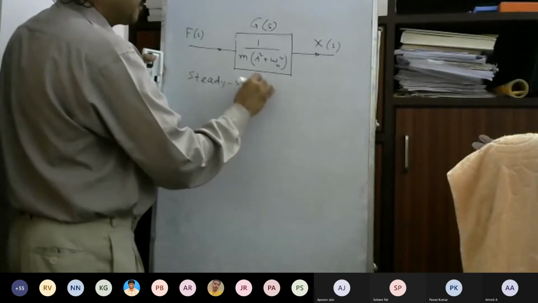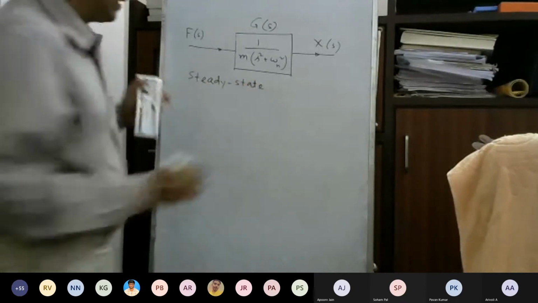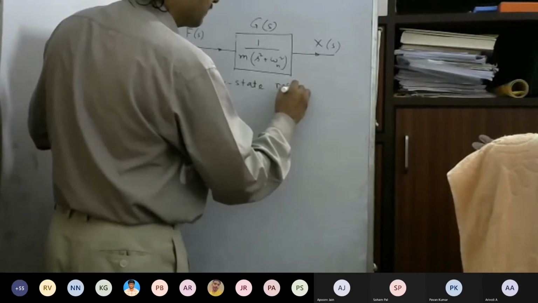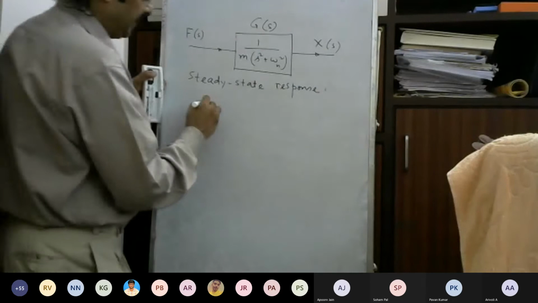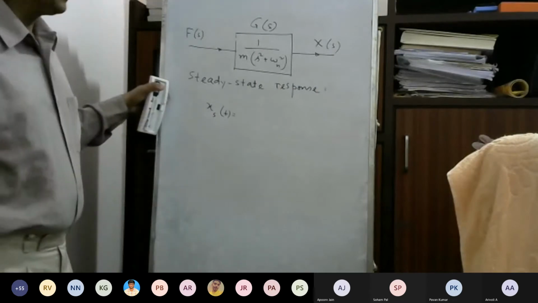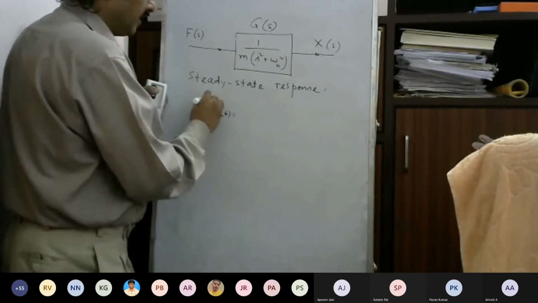Why steady state response? It will be more clear when we introduce a little bit of damping, but at this point we are not considering any damping, so this is the steady state response. And the steady state response here will be x_s(t).